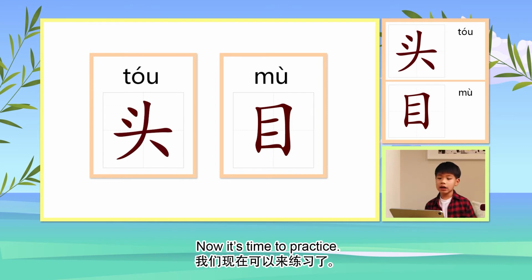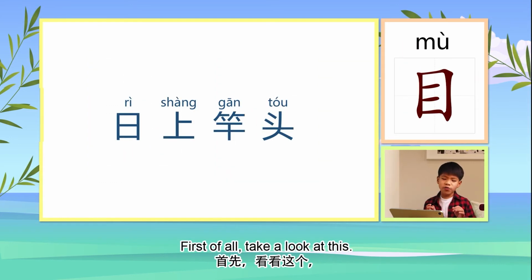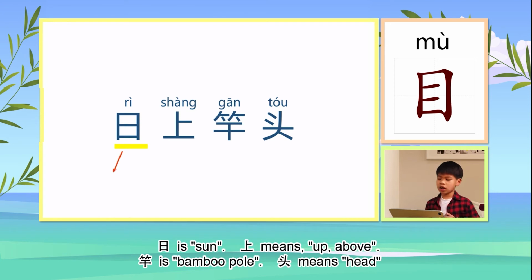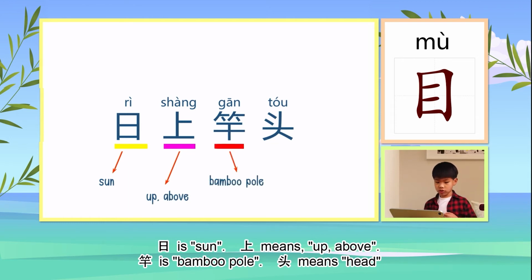Now, it's time to practice. First of all, take a look at this. We've learned almost the same phrases as this one before. 日上竿头. 日 is sun. 上 is up above. 竿 means bamboo pole. 头 means head.